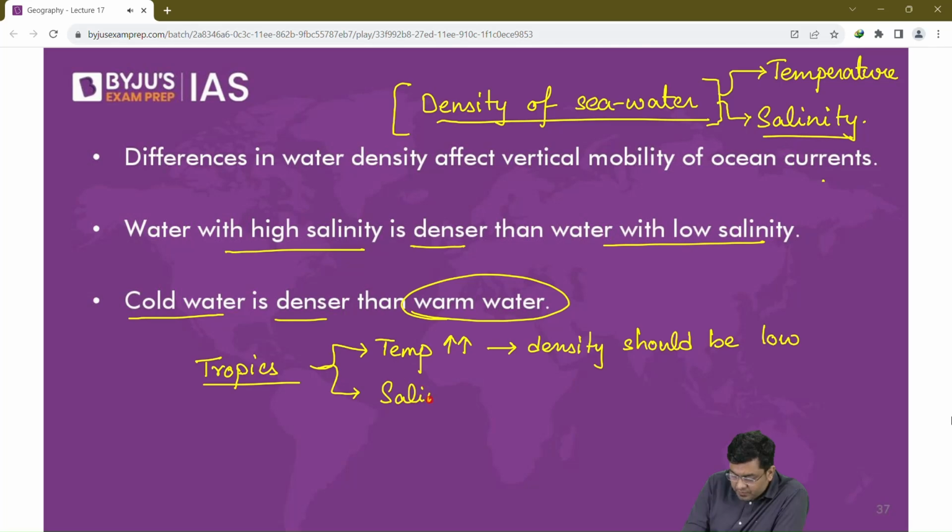Isn't it? What about salinity? Is salinity level in the tropics high or low? It is the highest. The oceanic water salinity is highest in the region of the tropics. We have just now seen it repeatedly. So as per this, the density should be high.